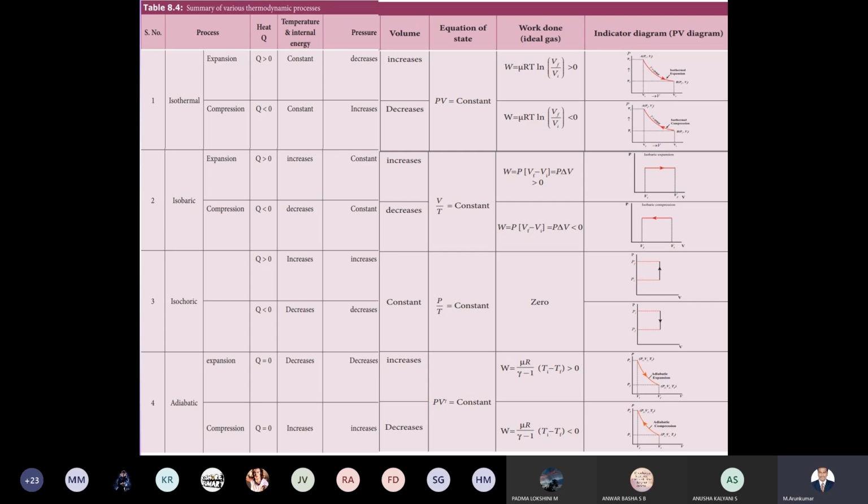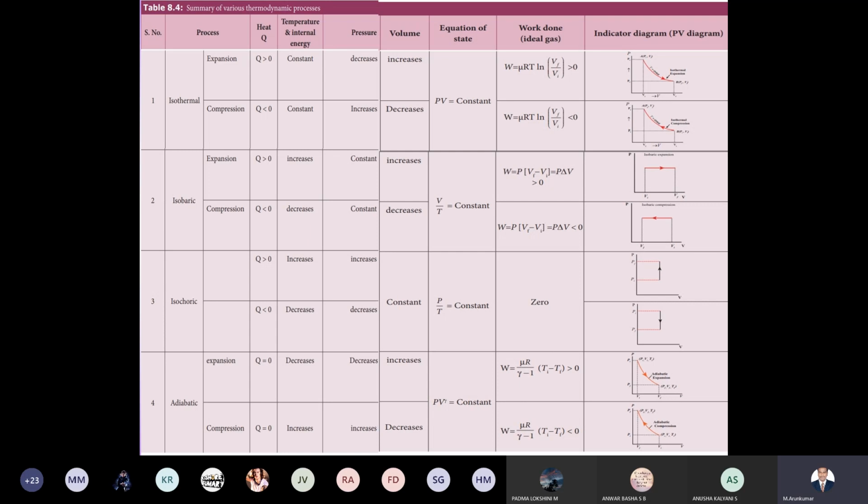For an isochoric process, again PV is equal to mu RT. Here volume is constant, so we are bringing temperature down, then V this side. So we can have P by T as constant. So this is the equation of state for an isochoric process.